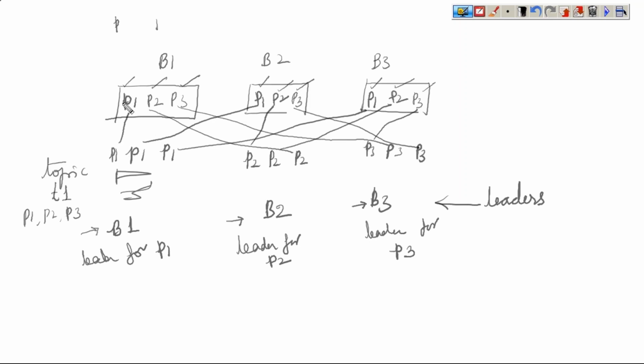The first copy of P1 is stored in B1, the second copy of P1 in B2, and the third copy of P1 in B3. Next, the first copy of P2 is stored in B2, the second copy in B3, and the third copy in B1. Likewise, the first copy of P3 is stored in B3, the second copy in B1, and the third copy in B2. Now based on this, whatever statements I gave, can you tell me how B1 is becoming the leader for P1?